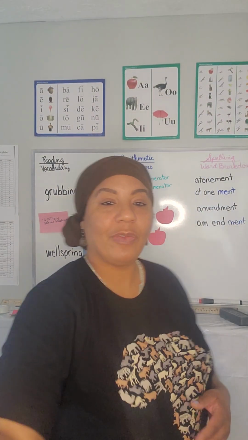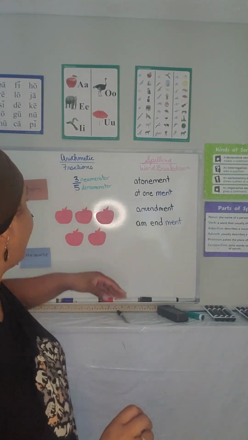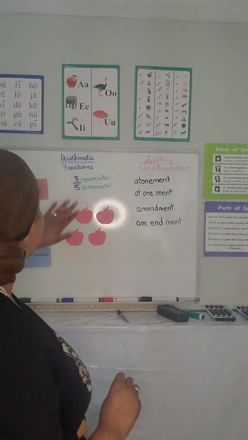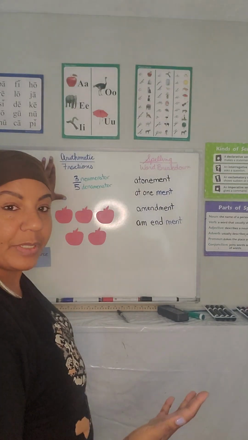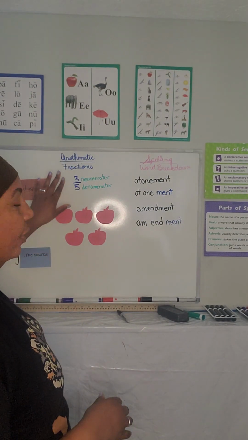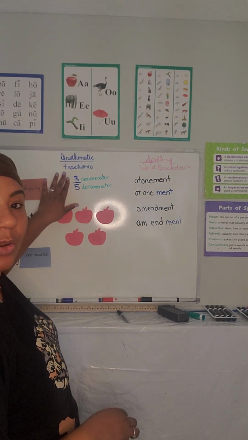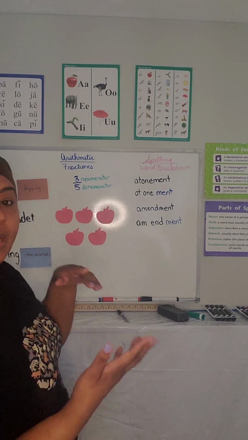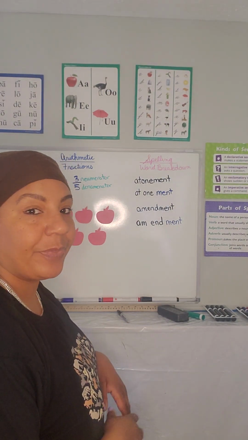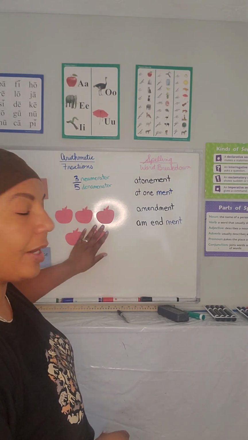We also have over here, if you can see, okay, and this is for any type of arithmetic. So when you're using arithmetic, you want to use props. I'm not sure if you can really see this, but I have the fraction on here for 3/5, okay? And the best way to describe a fraction is to simply show your child what you're talking about, right?